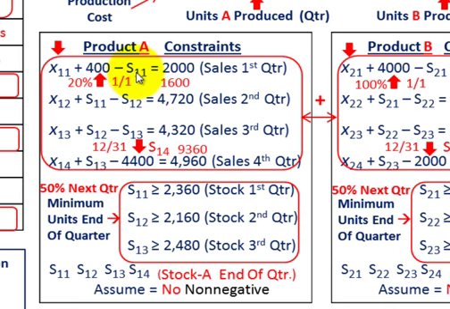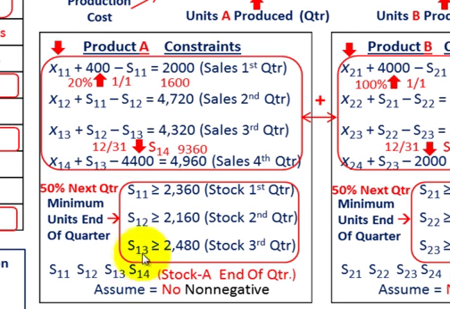So let's understand those S11s so you don't get confused with the sales. Let's go down and look at that. S11 is quarter 1, then S12, S13, S14. That represents the stock of product A at the end of each quarter. Again, I've got it indexed, and you have to identify them by quarter.